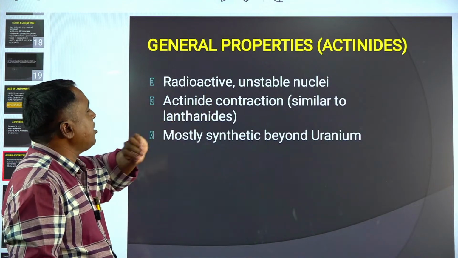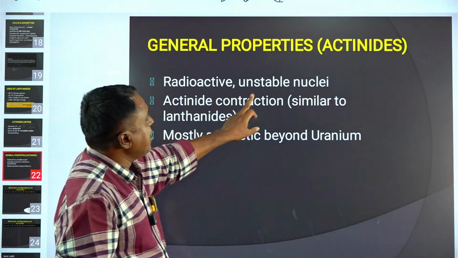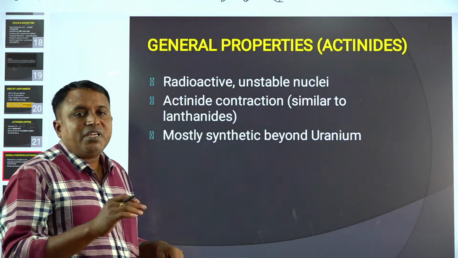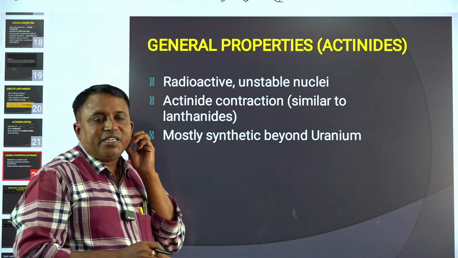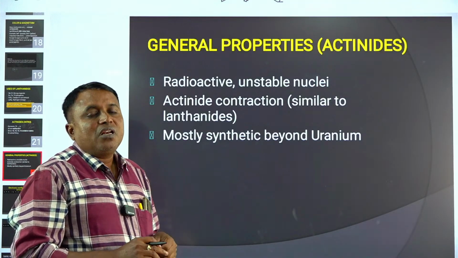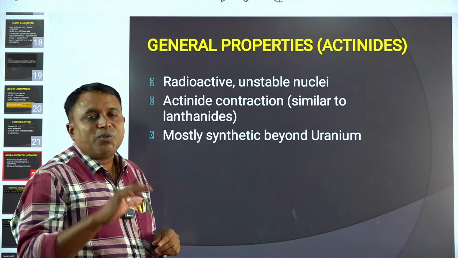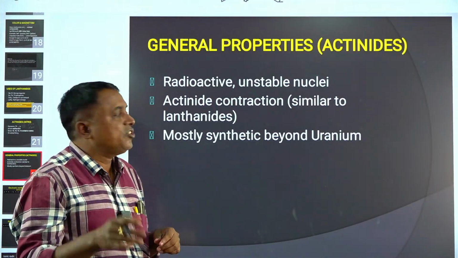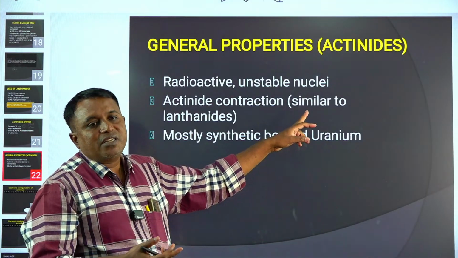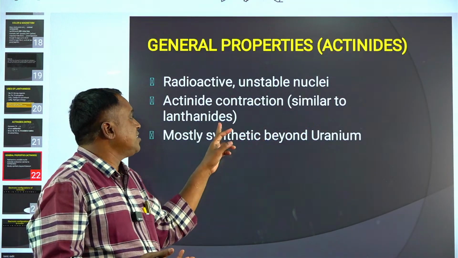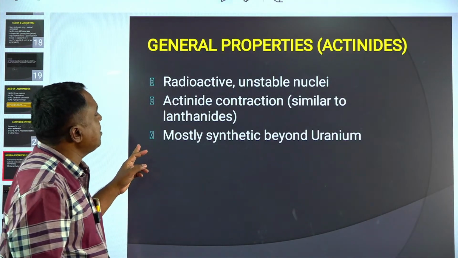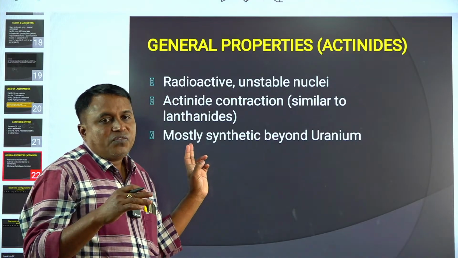Due to actinide contraction, the same thing repeats: from left to right in the 5f series, from thorium 90 to lawrencium 103, atomic radii decrease. In lanthanides it is lanthanide contraction, but in actinides it is actinide contraction.